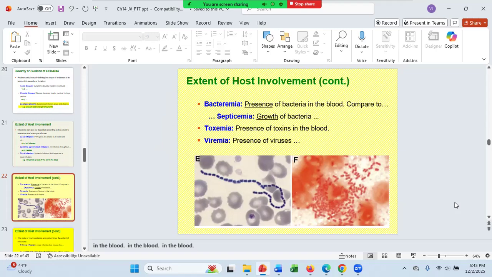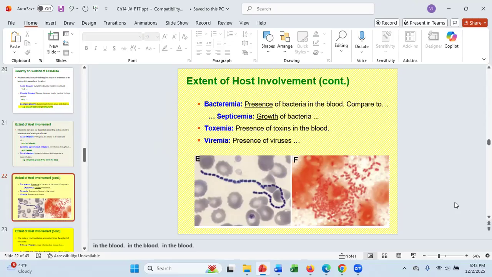Some other terms of the host involvement: bacteremia. This is presence of bacteria in the blood. Compare that to septicemia, which is growth of the bacteria in the blood. Most clinicians cannot determine whether the patient has septicemia, growth of bacteria in the blood, or bacteremia, presence of bacteria in the blood.